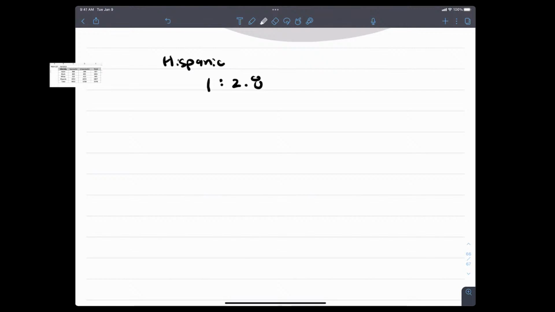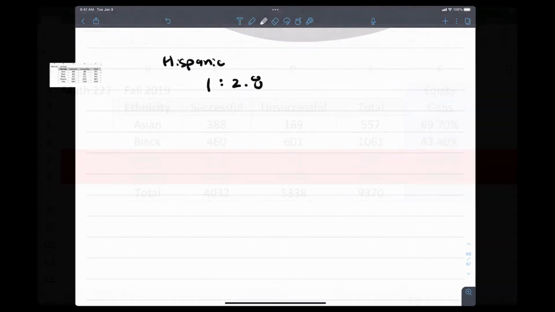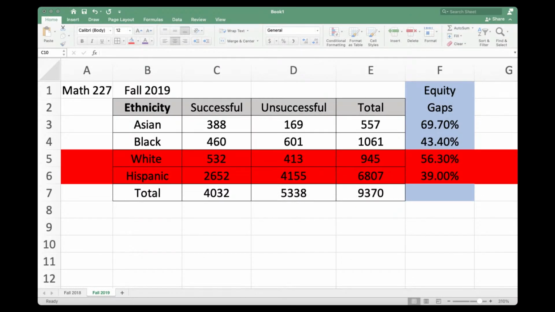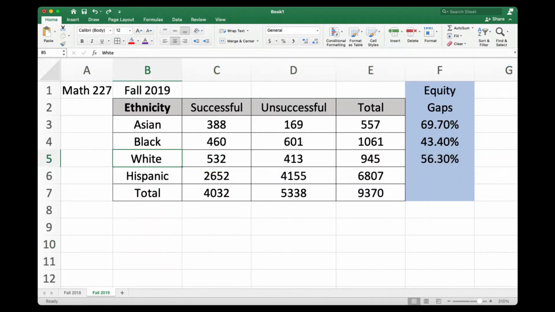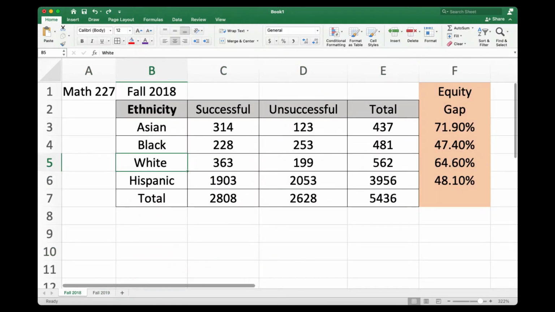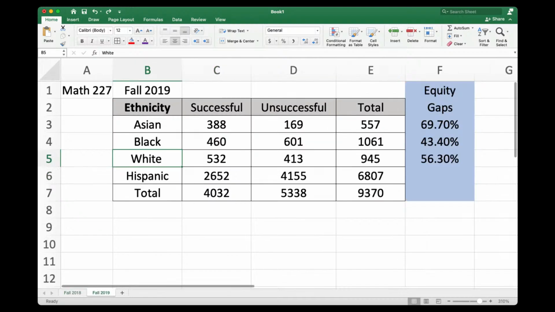For Hispanic students, let's go to Microsoft Excel. Look at Hispanic students, fall 2018: we got 1903, and fall 2019: 2652.